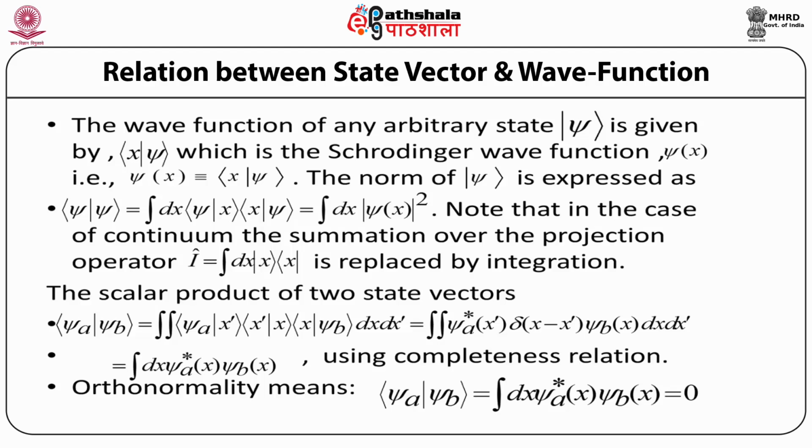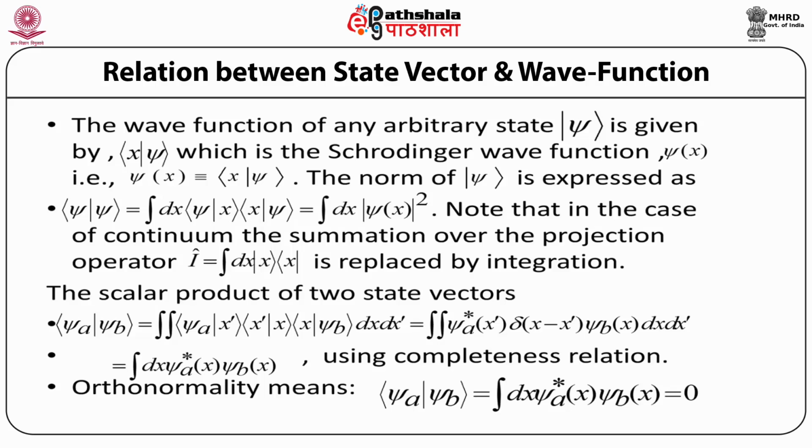Thus the scalar product of the two state vectors bra vector psi a ket vector psi b is given as the integration over dx of psi a x star psi b x, where psi a x star is the complex conjugate of the wave function psi a x. And here we have used the completeness relation in order to reach this result.